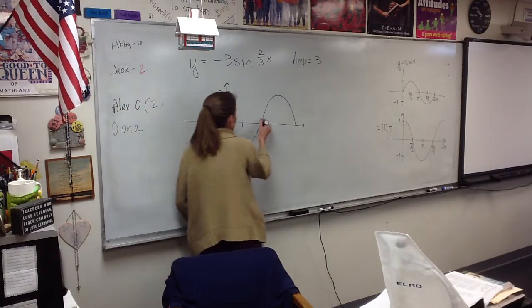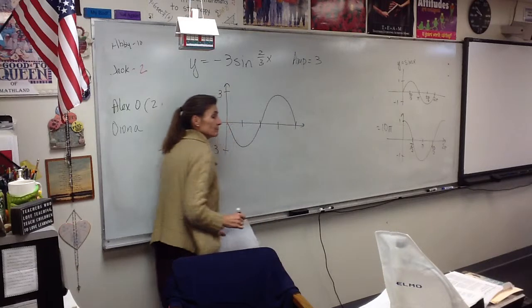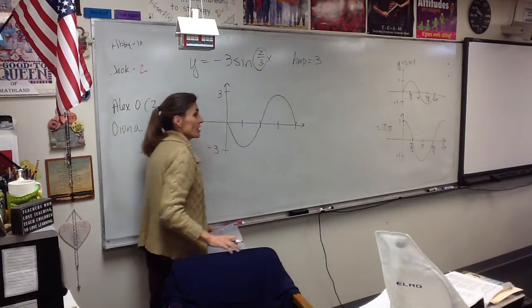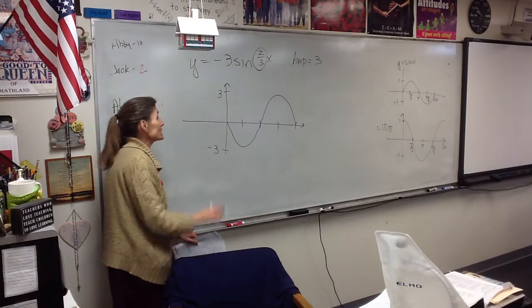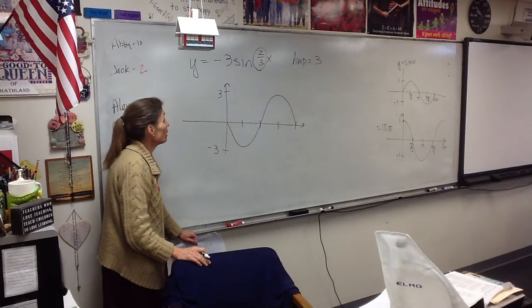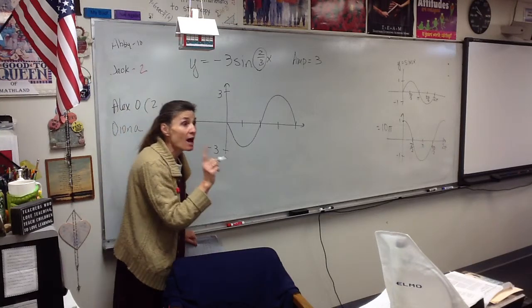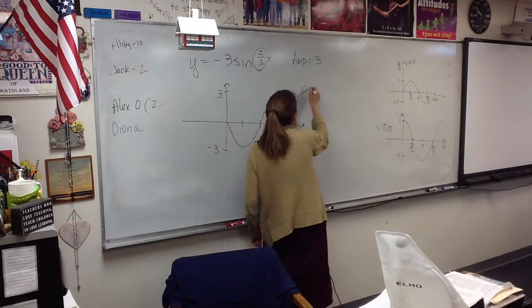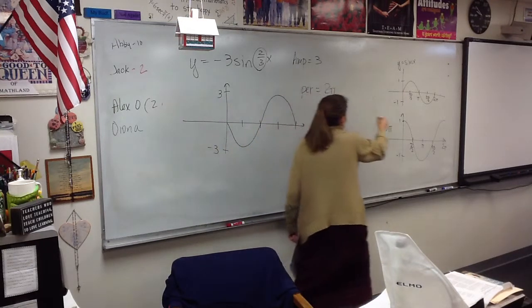Now I know what these labels are supposed to be. But this number right here is going to change them. What is that number going to do? It's going to divide them all by 2/3, which means times them by 3/2. So my normal period is 2 pi.